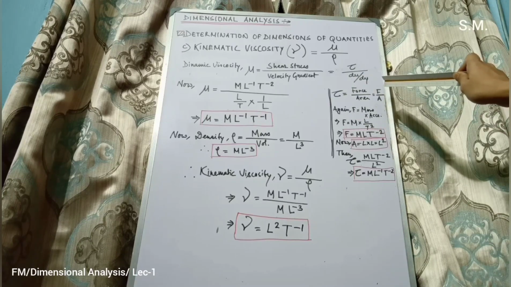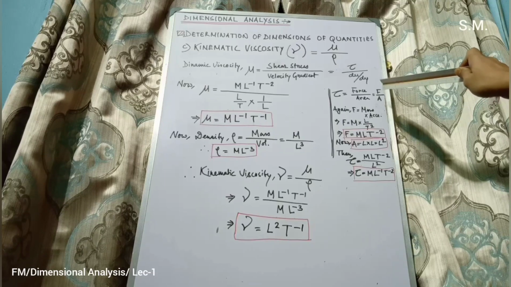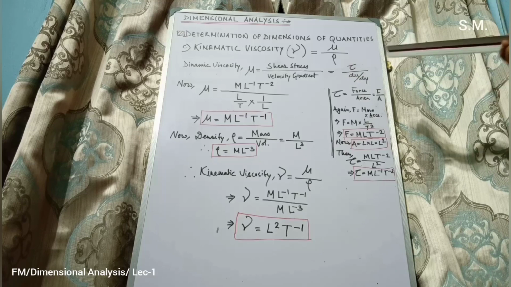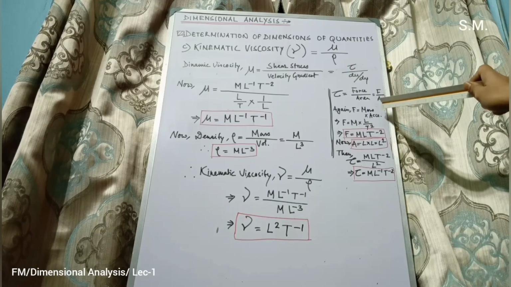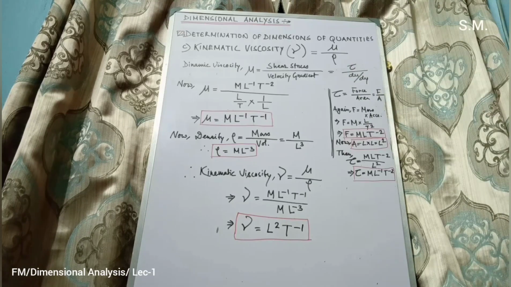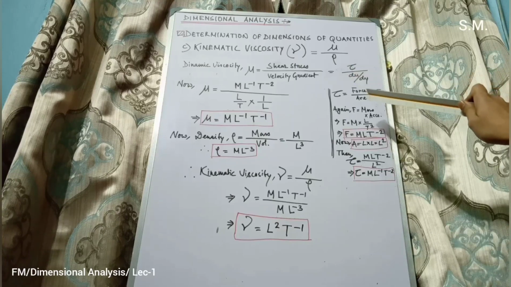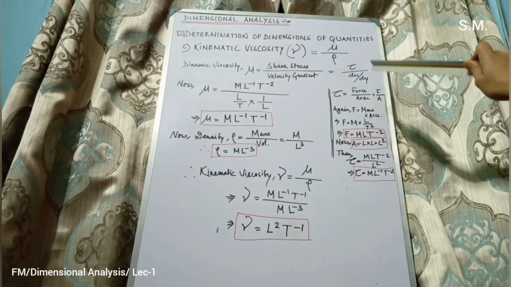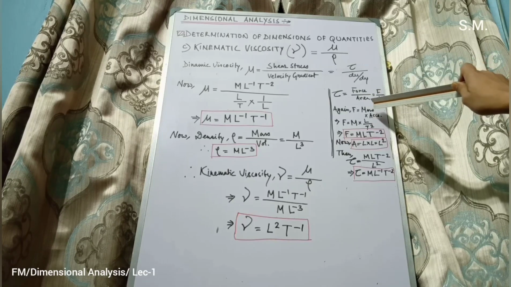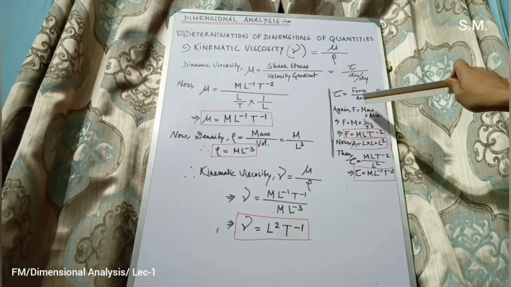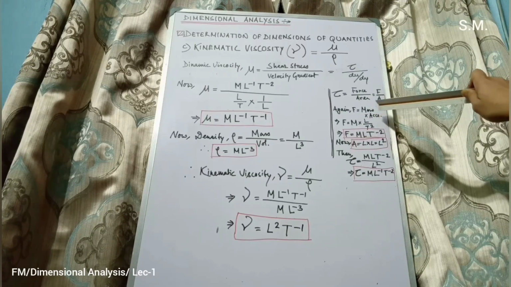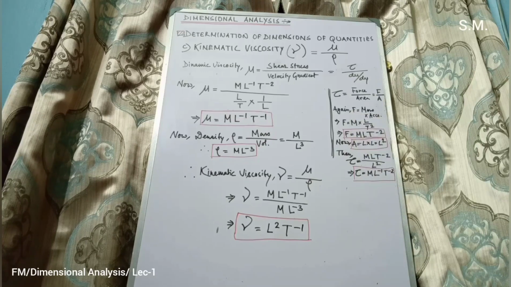So F by A. Then what is force? Force is nothing but mass into acceleration. Mass is a fundamental fixed dimension, so from mass we write M.